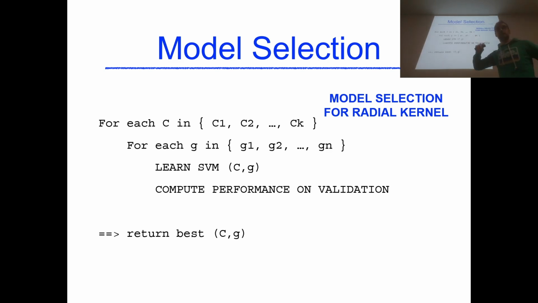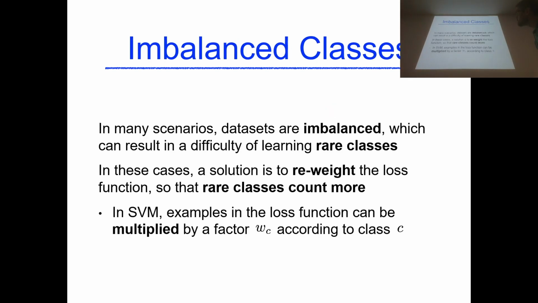We are still finding a separating, not hyperplane, but nonlinear surface, and we still want to maximize the margin that all the data points have with respect to this surface. That's the same. So usually when you're using support vector machines in a nonlinear setting, at the very least, you do model selection based on both the regularization hyperparameter and the kernel. That's what you usually do. Keep this in mind.